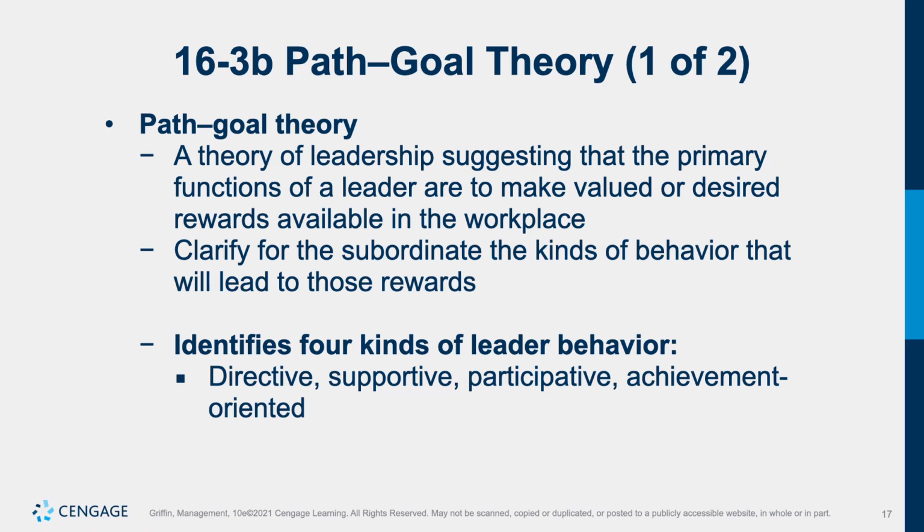So this is a theory of leadership suggesting that the primary functions of a leader are to make valued or desired rewards available in the workplace, and also to clarify for their subordinates the kind of behaviors that will lead to those rewards. And this theory identifies 4 kinds of leader behavior, and they will include the directive behavior, supportive behavior, participative behavior, and achievement-oriented leader behavior.